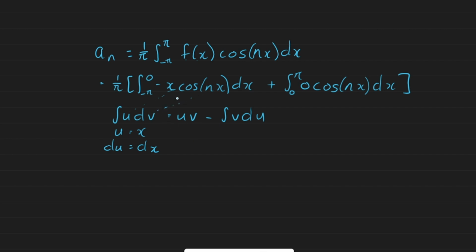So we'll say that dv is equal to cos nx dx. And if we integrate this, then we see that v is simply equal to sine nx divided by n. So what we now need to do is substitute these things in. So we have uv, therefore we'll have x times sine nx over n.